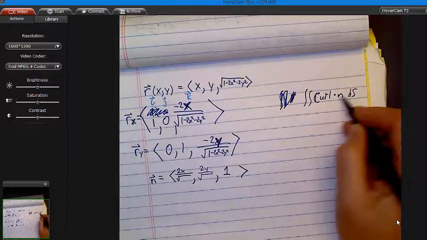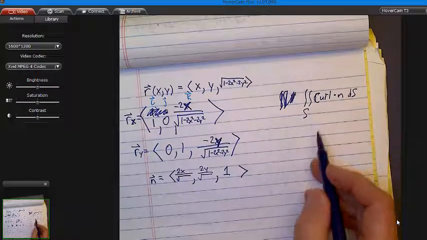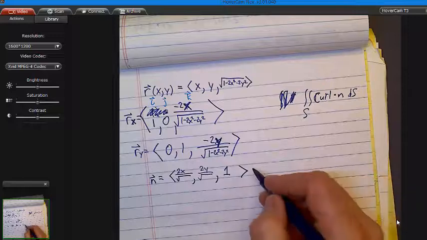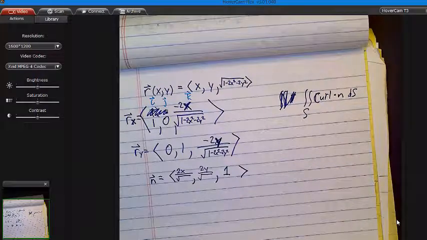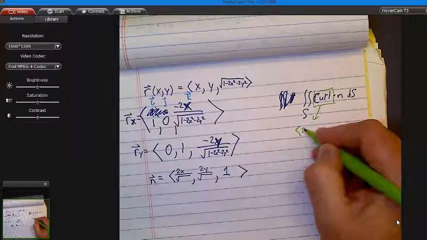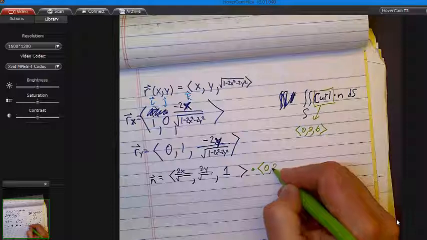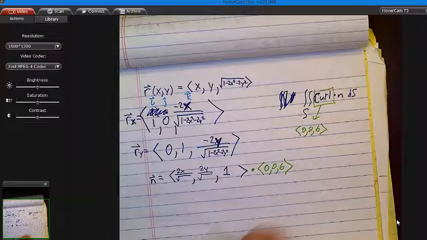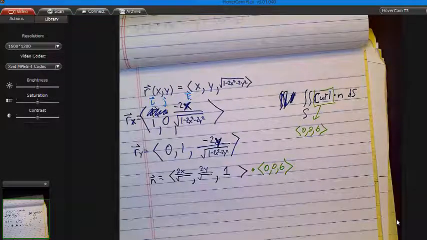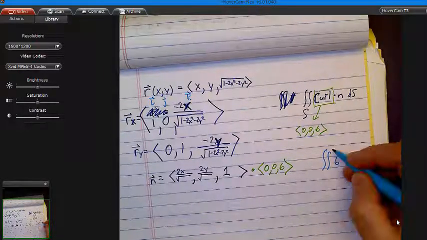That's what it was from the previous page. Well, the curl we worked out was 0, 0, 6, right? So I dot that with this, and I find out, oh, this is a nice problem. I just have to integrate 6 dS.